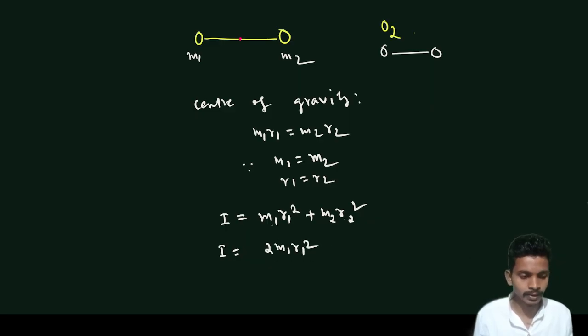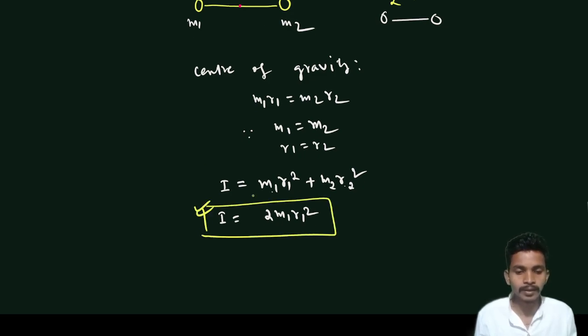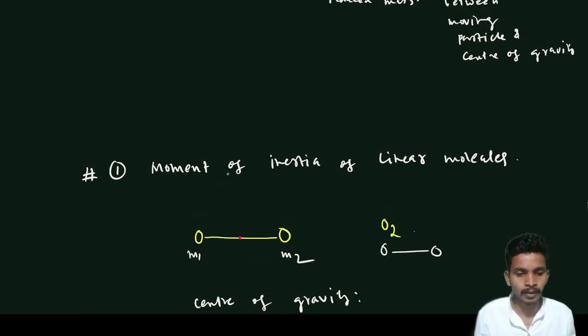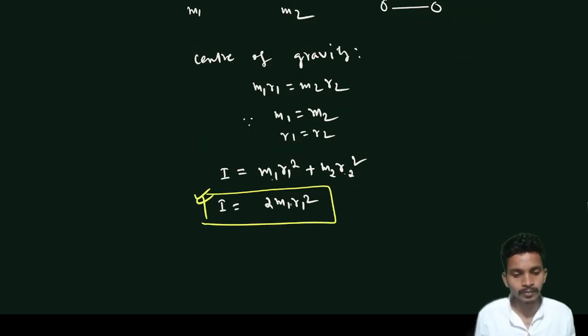So this is the moment of inertia of a linear molecule with the same atoms at both ends, like O2, H2 or Cl2, where the moment of inertia is I equal to M1 R1 square because both are equal.